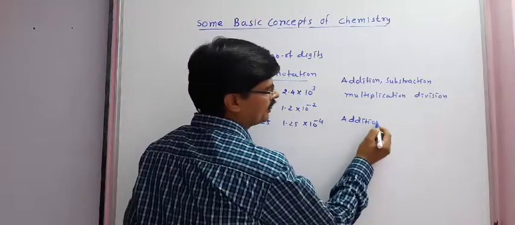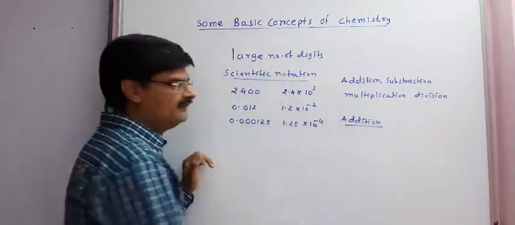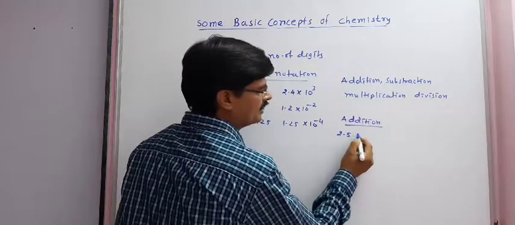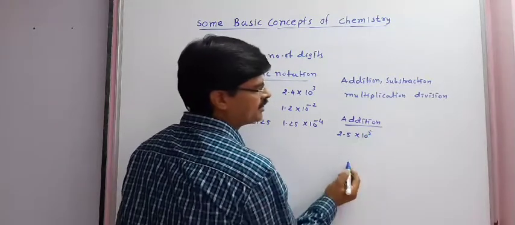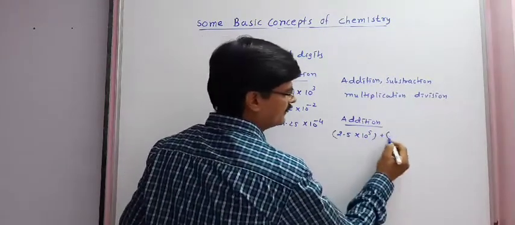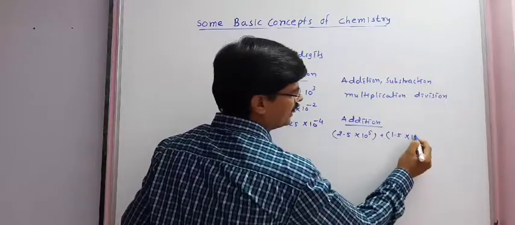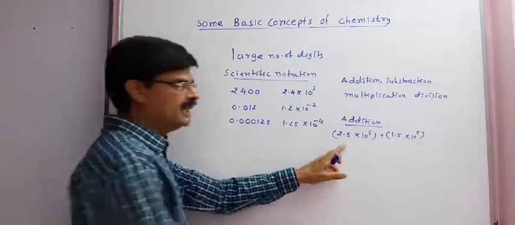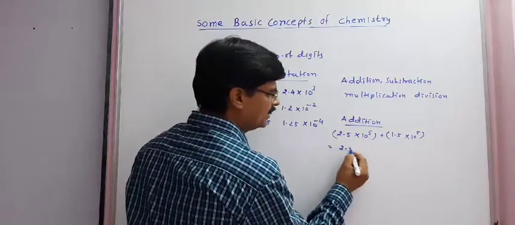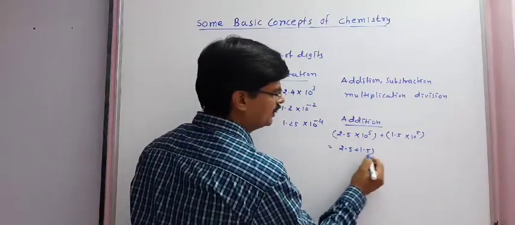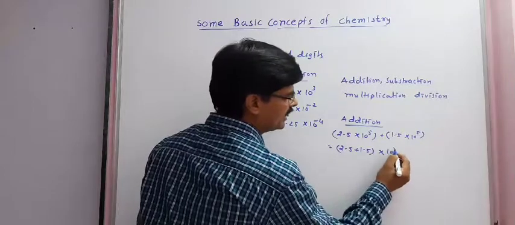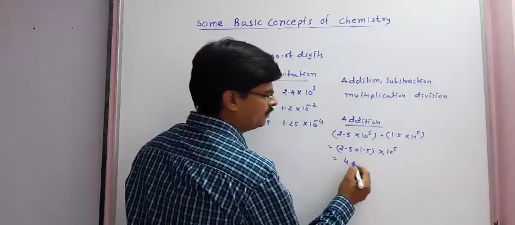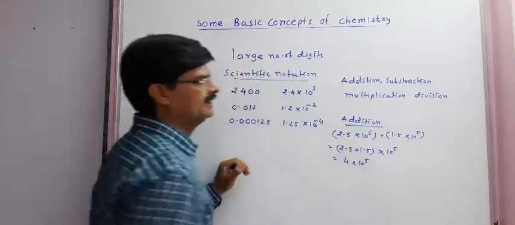Say we have two scientific notations, 2.5 into 10 raised to 5 plus 1.5 into 10 raised to 5. These can be added in a simple manner: 2.5 plus 1.5, into 10 raised to 5. So we will get 4 into 10 raised to 5.